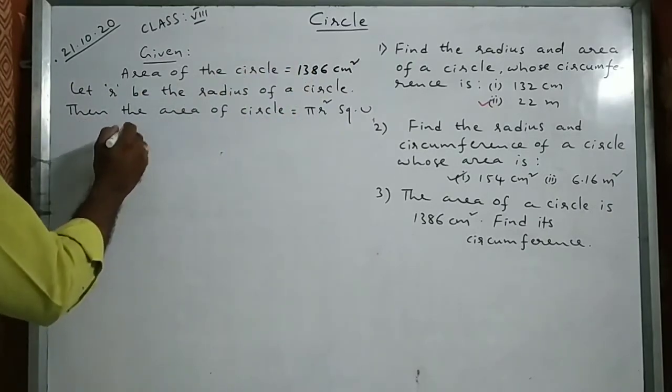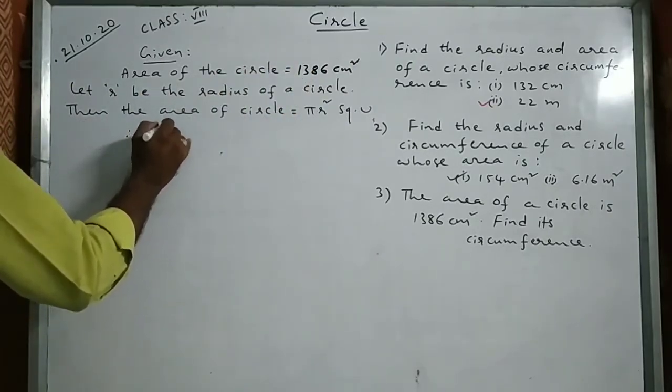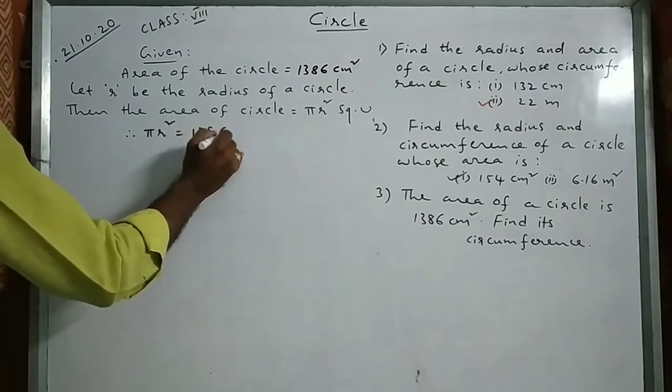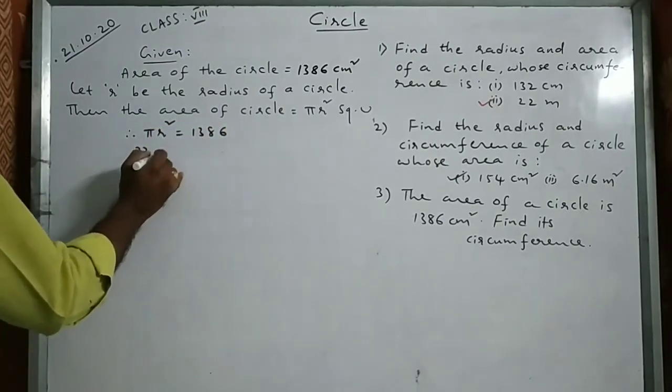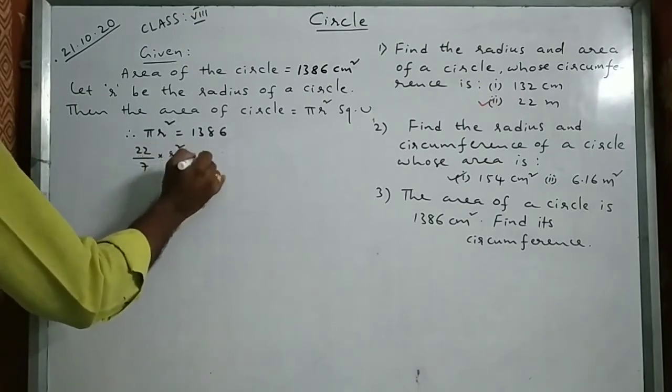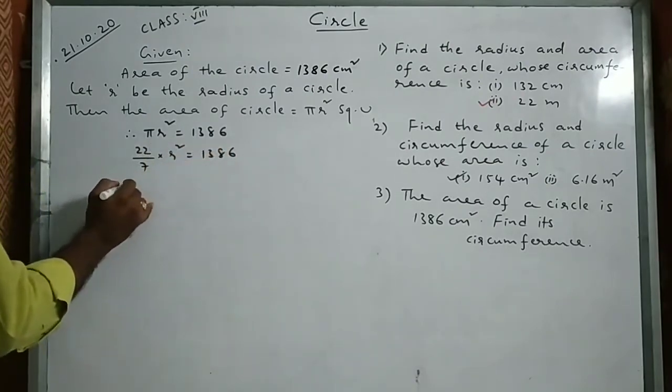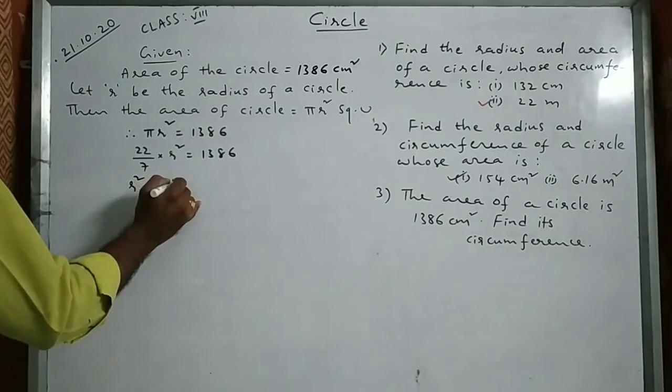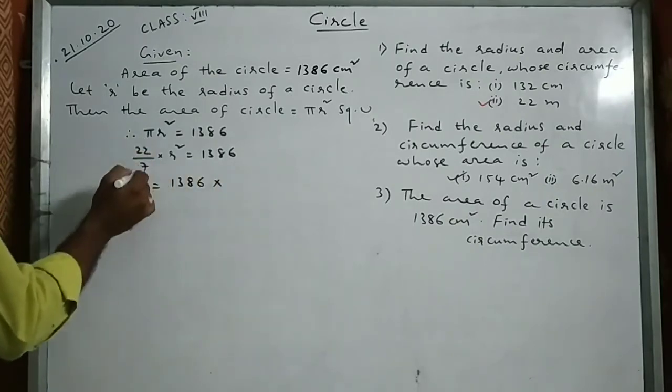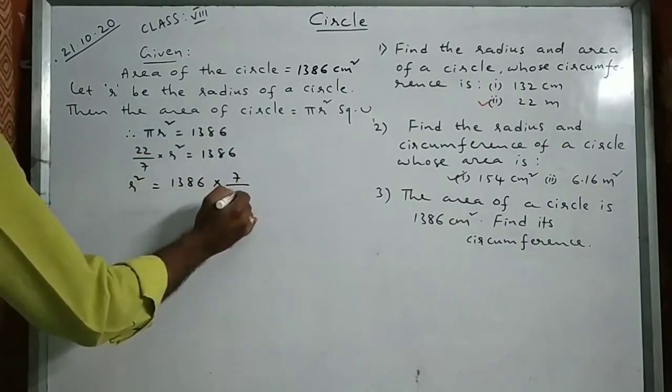Then the area of the circle is pi r square. Therefore pi r square equal to 1386, pi is 22 by 7. I want r square equal to 1386 into 22 by 7 will be 7 by 22.